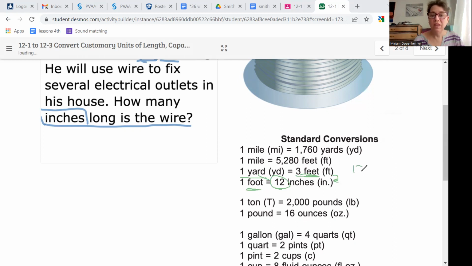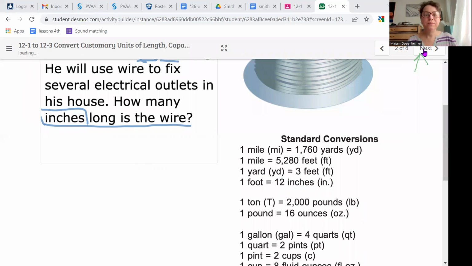So we're going to do 12 times 3. 12 inches times 3 is 1 yard. And so that's the answer to this. Please write the answer here. Okay. Next thing. Go over here to next again.